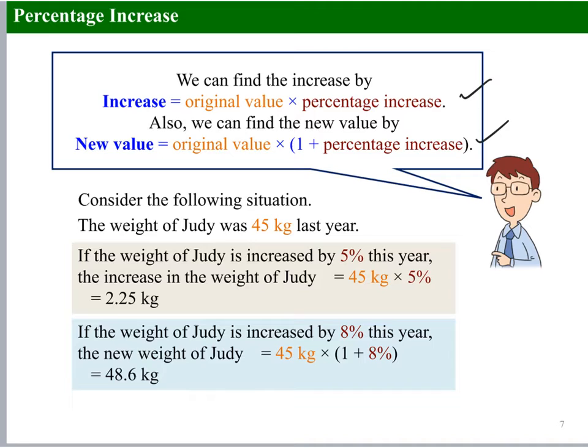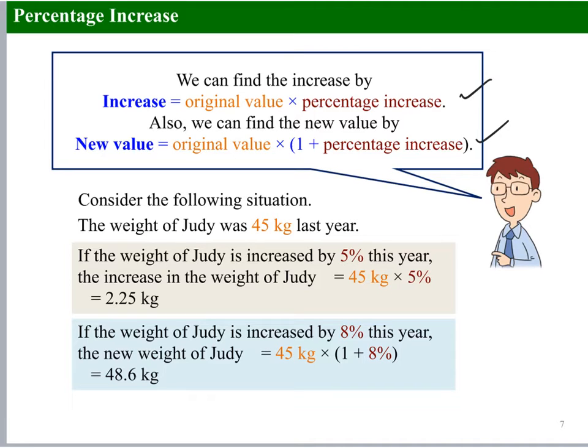The weight of Judy was 45 kilograms last year, and this year she gained 5% of weight. So the increase of the weight of Judy is 45, which is the original value, times the percentage increase, which is 5%. So she gained 2.25 kilograms this year.